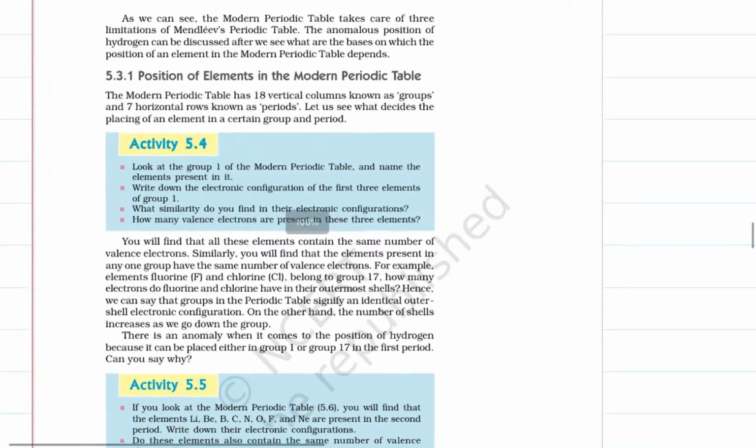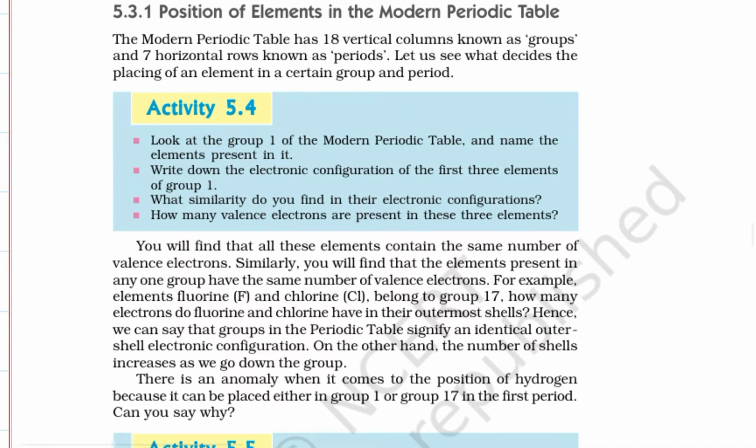The position of the elements in the periodic table: in the modern periodic table, there are 18 vertical columns called groups and 7 horizontal rows called periods. Now, look at group 1 in the modern periodic table, the names of elements present in it, and write down the electronic configuration of the first 3 elements in group 1.